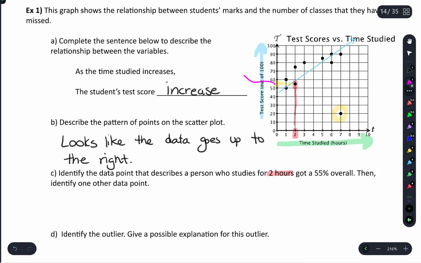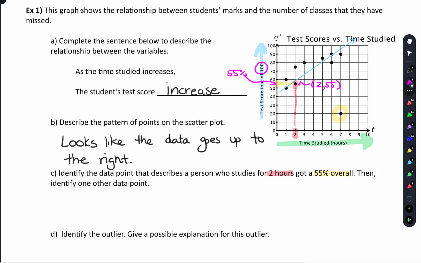And I think right there would be about 55%, because we're talking about out of 100. So we're dealing with percentages. So identify the point where we have 2 hours and a 55% average. That's this point right there. So we say it's 2 on this first axis that we went with, and then 55 on the up and down axis, the second axis that we worked to.